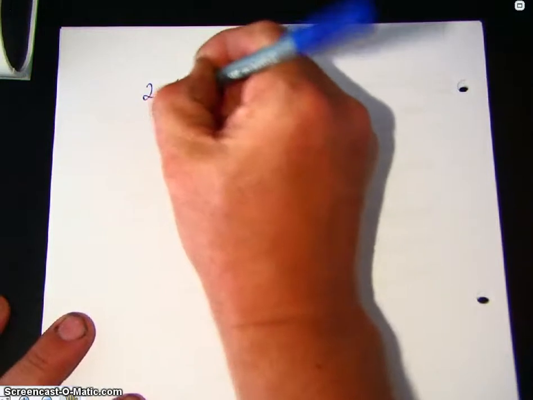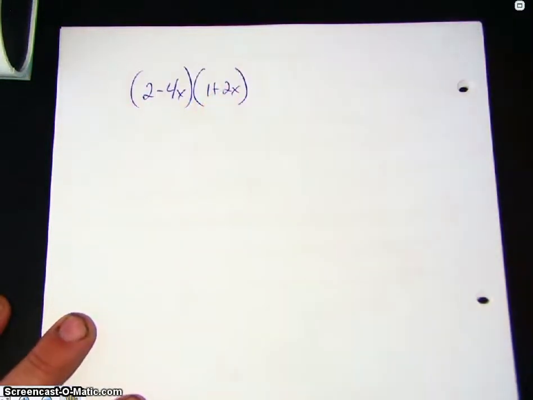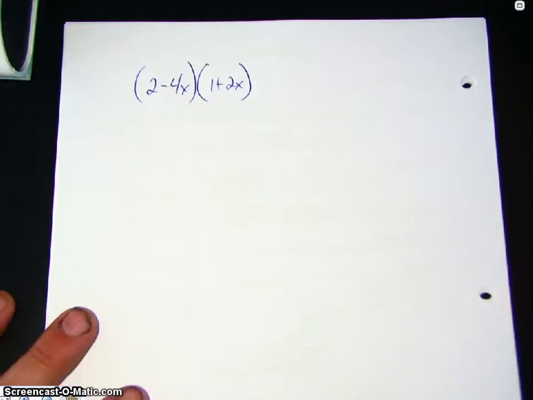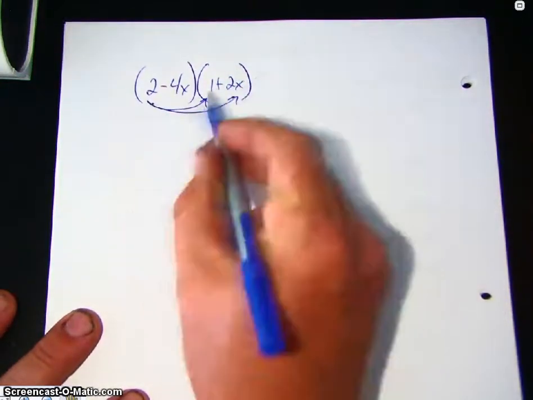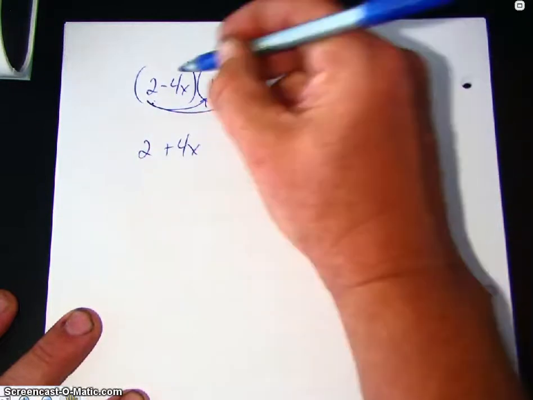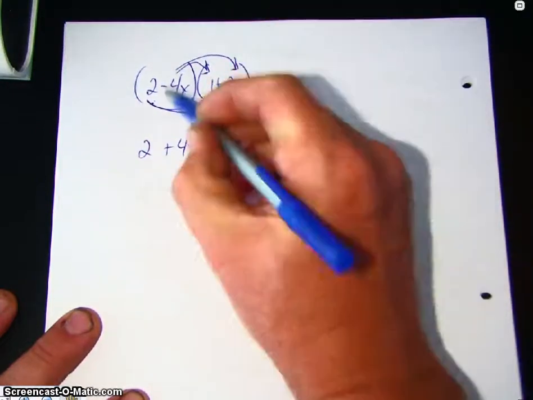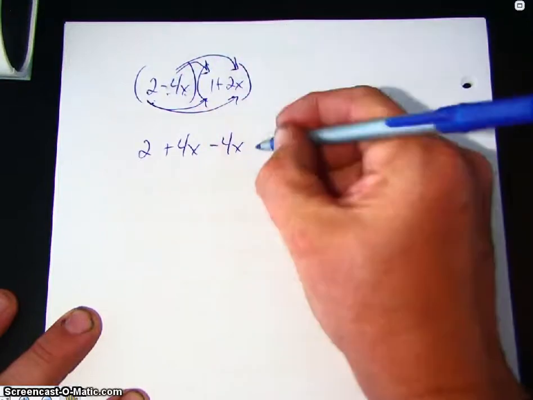All right, let's do another example. Let's do 2 minus 4x, 1 plus 2x. So doing that, it'll be 2 times 1 is 2, 2 times 2x is 4x, and this and this, so negative 4x times 1, and then negative 4x times 2x.